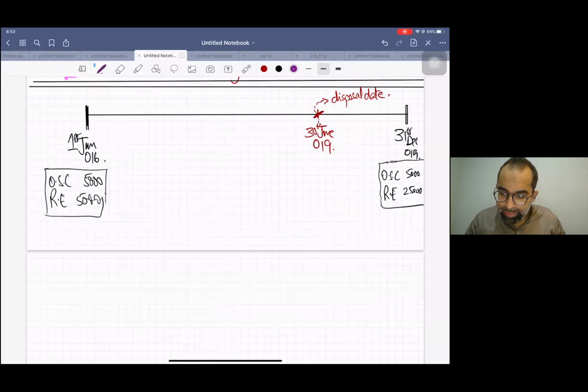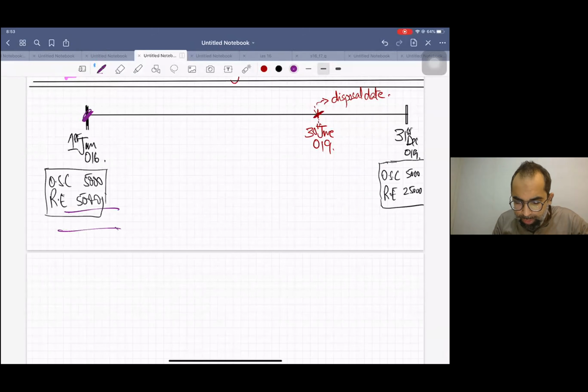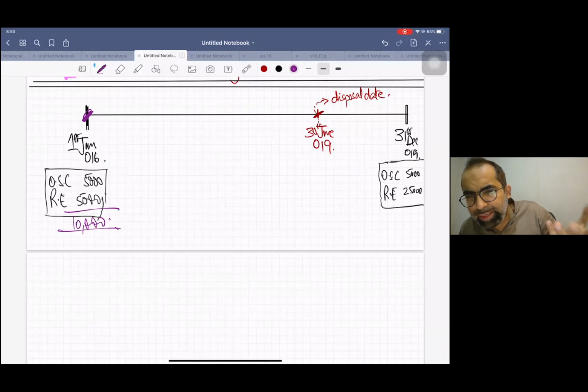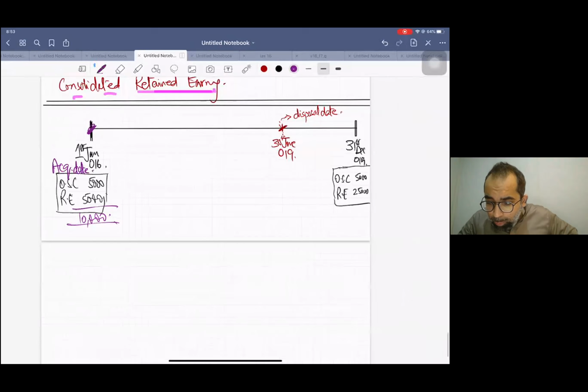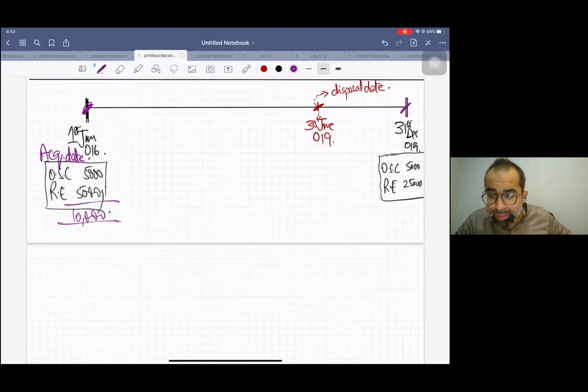Now, listen. For example, look at here. Your acquisition date is 1st January 2016, and this is the data of your acquisition date. Your acquisition date net asset is 10,000. So simply you will be calculating goodwill at acquisition date. Now, in the question, your reporting date is 31st December 2019.